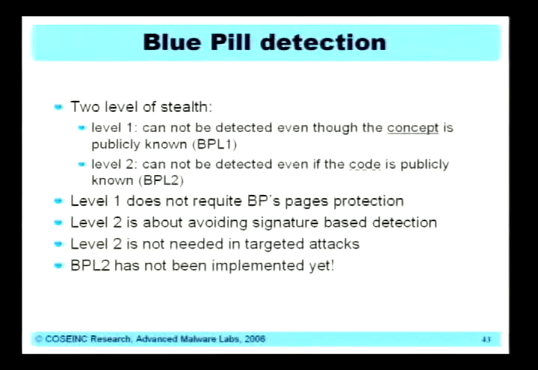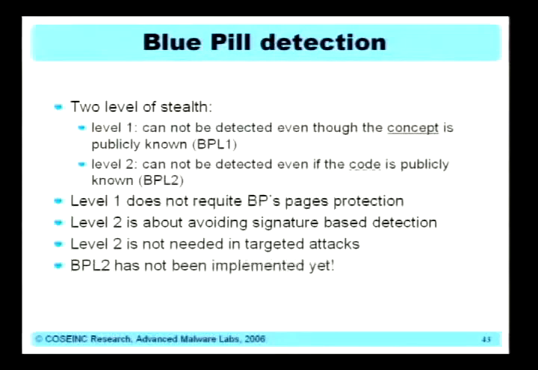So I just made the concept known, and still I believe it wouldn't be possible to create any practical detector for this kind of thing. Okay, so this is level 1. But now we have level 2, which should be undetectable even if I made the binary code public. So this would be about avoiding signature-based detection.